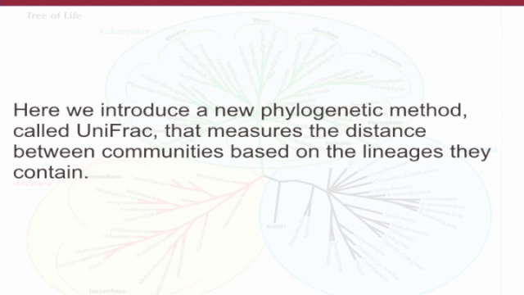So you're summing up the total that is unique to either of your environments out of the total tree length. And this took me forever to figure out because they don't make it completely easy. They just thought, we're just going to say the unique portion and it's going to be obvious to everybody.